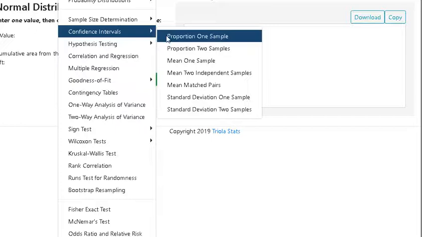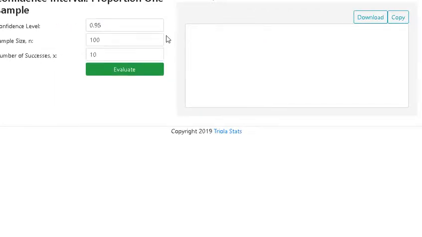We're dealing with one proportion sample. So click there. Our confidence level, well, we wanted a 95% confidence level, so we're okay there. What was our sample size? 252. How many successes did we have in that 252? 189. Great. Ready? Bam.